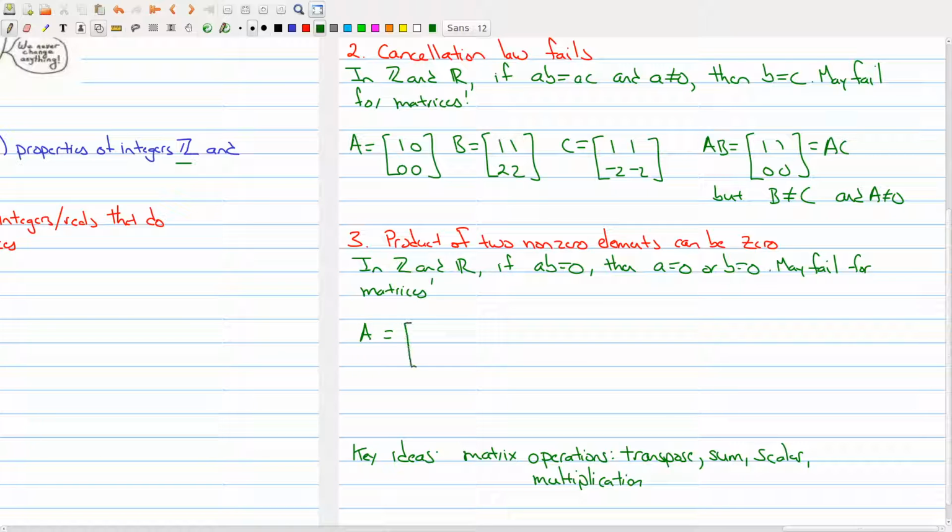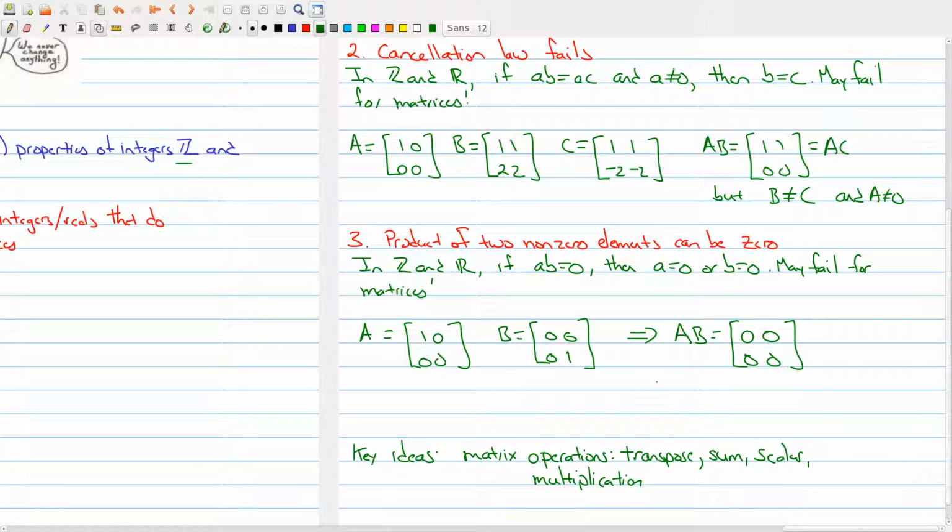Here we have a matrix A, 1, 0, 0, 0, and we take the matrix B to be the matrix with all zeros, but we have a 1 in the bottom right-hand corner. So these guys are not 0. And you could check, and it's a good way to check to see if you understand matrix multiplication, that when you multiply these two matrices together, you get 0.